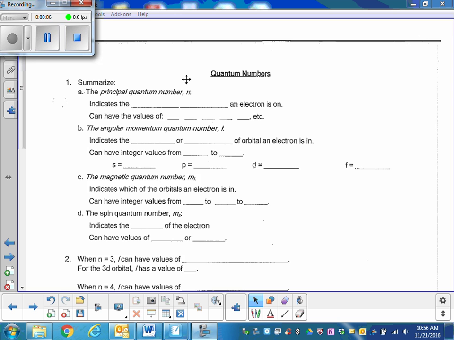All right, so quantum numbers. You know how we said we cannot see the electrons? And we said the electron behaves like a wave, and Schrödinger came up with the wave equation.